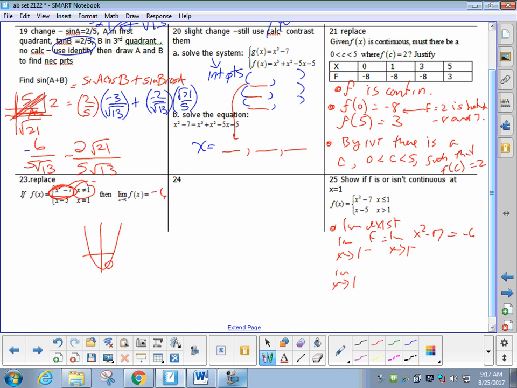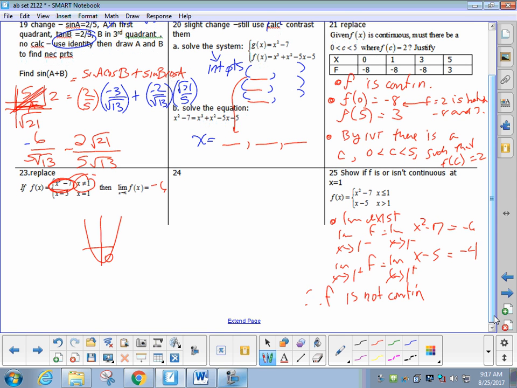As x approaches 1 from the right is the x minus 5 branch, that is -4. Right away, I can see the answer is a big old no. You don't have to go to condition 2 and 3. You can just say f is not continuous because the one-sided limits are not equal. You could say the limit doesn't exist. Or you could even say because -6 is not equal to -4.